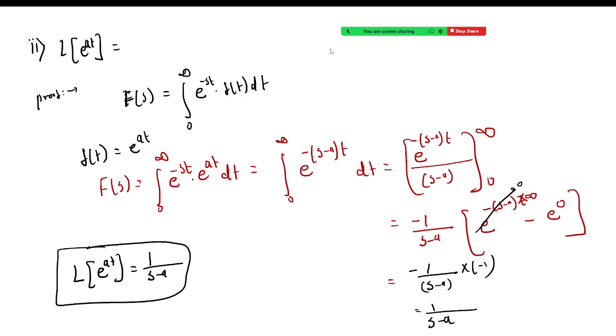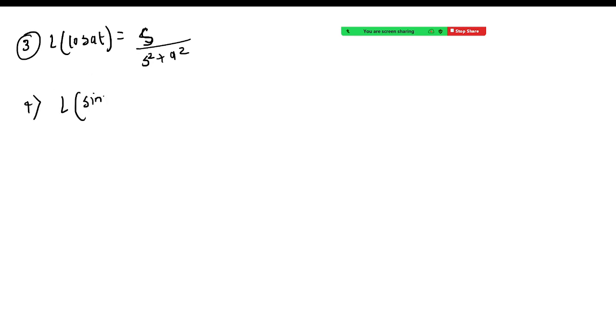So similarly, again, we can do the Laplace transform of some other function, that is our third function, Laplace of cos at, and this is equal to s upon s square plus a square. And the fourth, Laplace of sin at, that is equal to a upon s square plus a square.